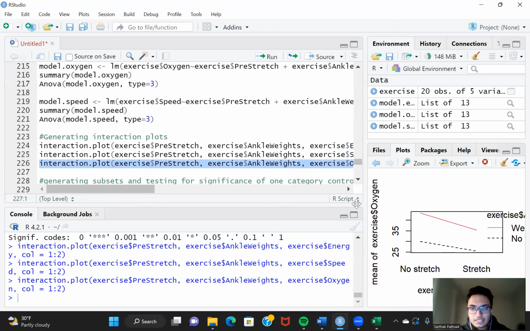So if you look at all these three examples that I've shown you, you can see that the direction of the slope is the same, whereas the magnitude is different. And therefore, the nature of interaction between them is only quantitative in nature.